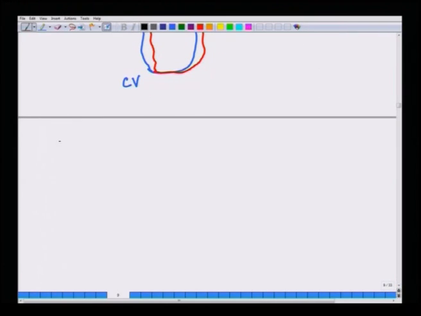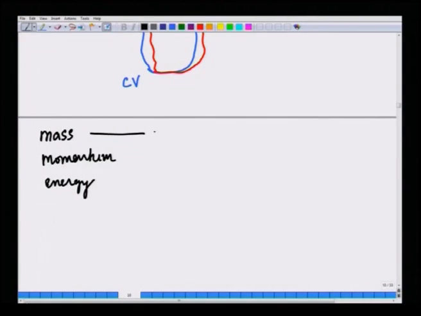To this end, we want to apply conservation of mass, momentum and energy to the system that is present in the CV at time t0, although the system is moving away from the CV at a later time. So, mass of the fluid is m, momentum is m times v, where lowercase m is mass, and energy is half m v dot v.